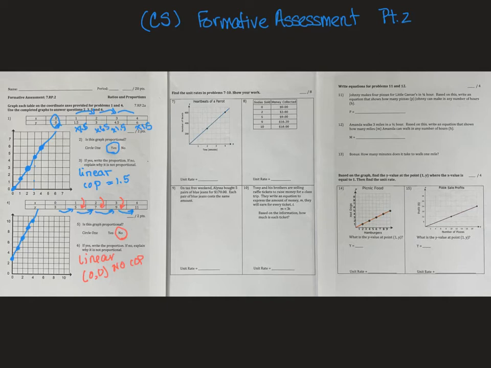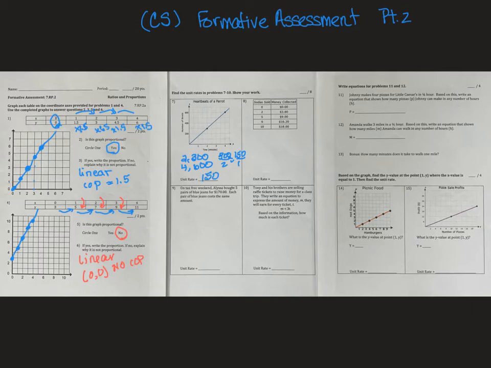In this next one, I'm looking for the unit rate, and you notice there are 2 points noted, 2, 300, and 4, 600. If I divide those to find the unit rate, 300 over 2 is going to be 150 over 1, and so that unit rate is 150.